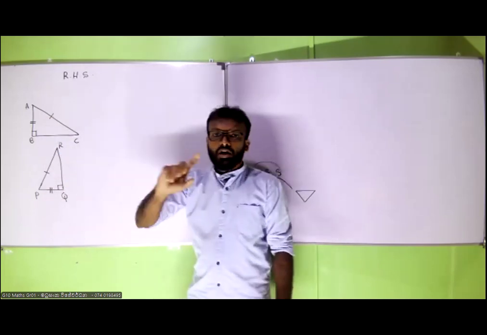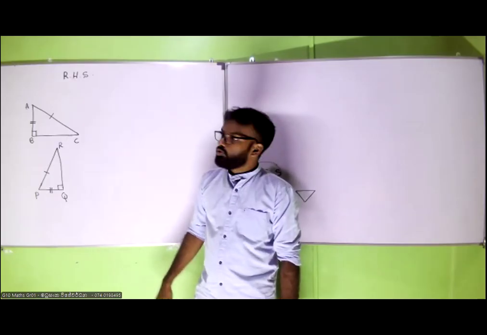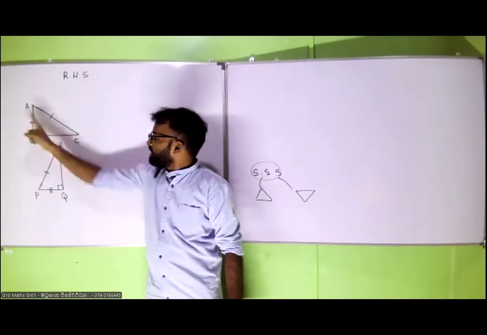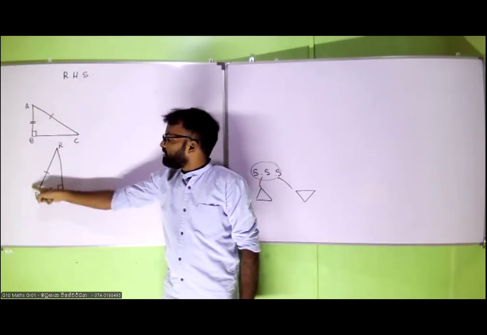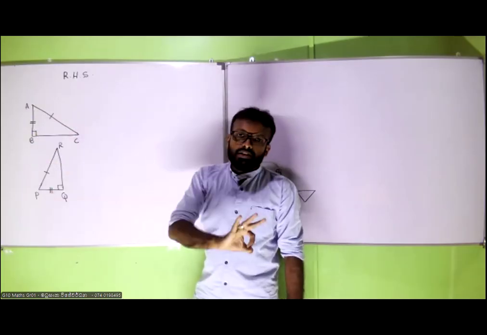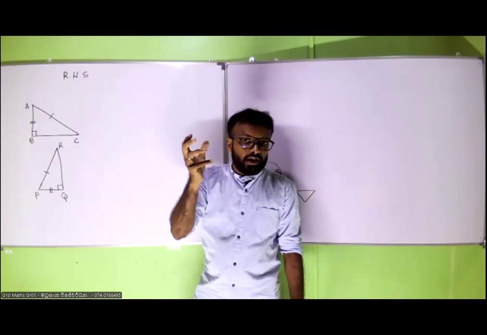AB and PQ are equal between the two triangles. So, right angle, hypotenuse, side. This hypotenuse is equal to this hypotenuse, this side equals this side. So condition 2 is satisfied.